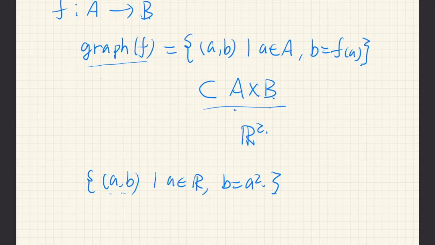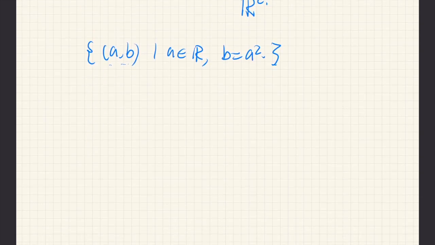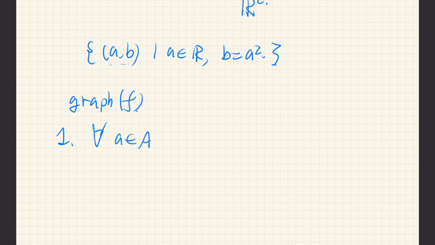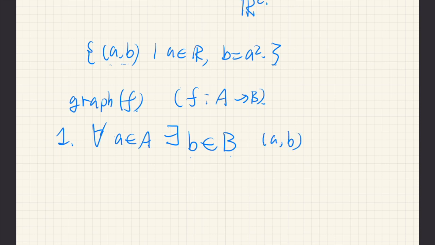First of all, we consider some graph of some map, F from A to B. For every element of A, there is some B, an element of B, such that the pair (A, B), a pair of two elements, is an element of this set.